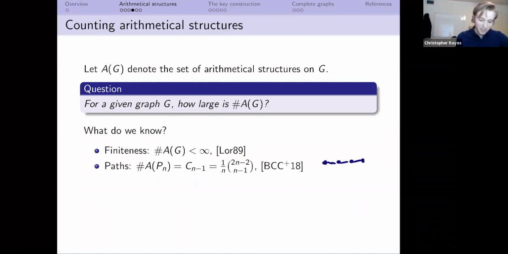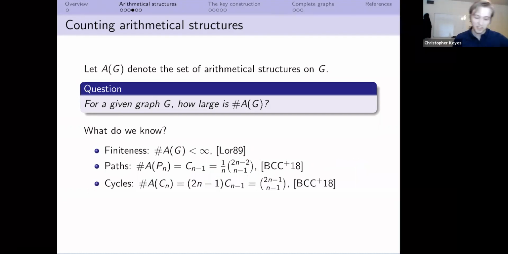So that's pretty cool. For a very specific structure of graph, we have just an exact count of this number of arithmetical structures. And similarly for cycles with n vertices, so a regular polygon, there's a really poorly drawn C4, we have a similar count in terms of Catalan numbers.